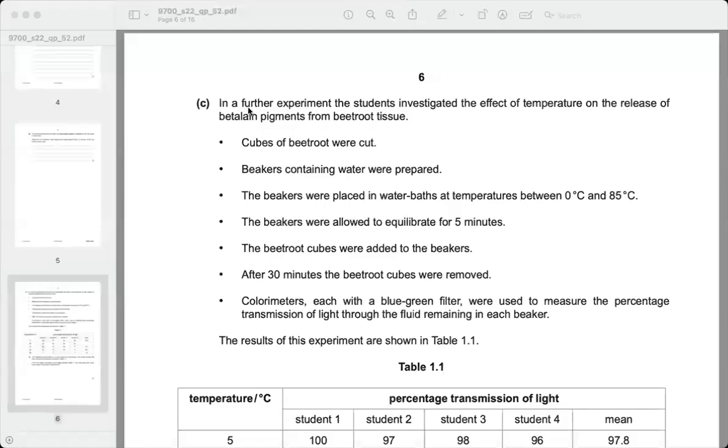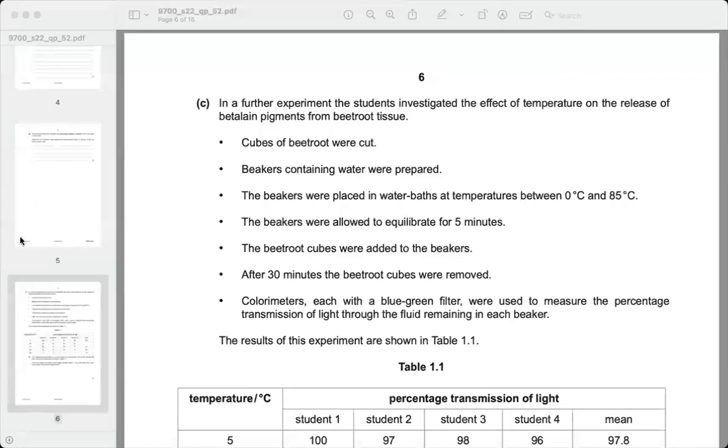The first one says, in a further experiment, the student investigated the effect of temperature on the release of pigments. So before you start, please have a picture. You've already answered a few questions in reference to the experiment earlier.